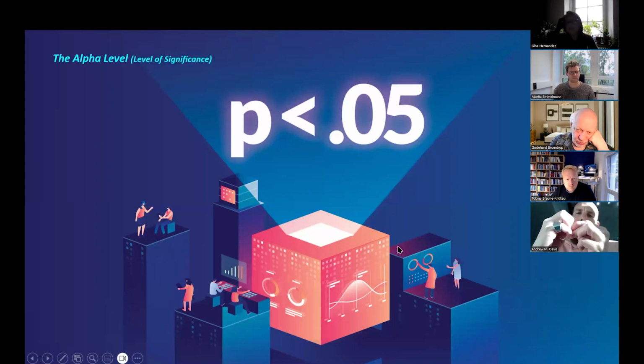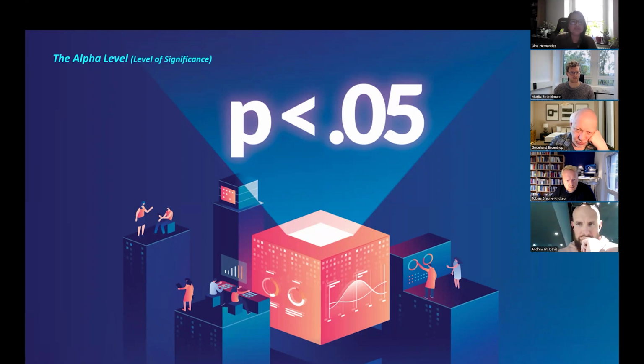So the result of this test is the level of significance, or the p-value, which is determined by an alpha level that I establish. So I can say my alpha level is 0.10, 0.08, 0.05, 0.01.